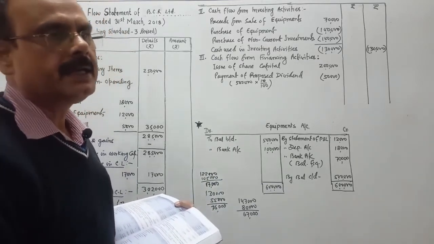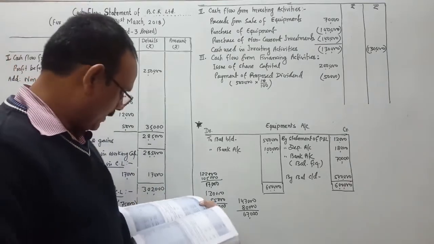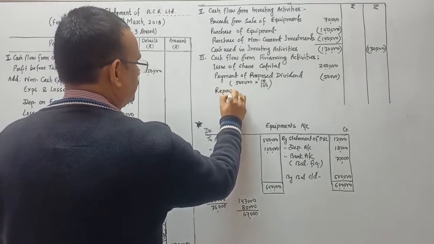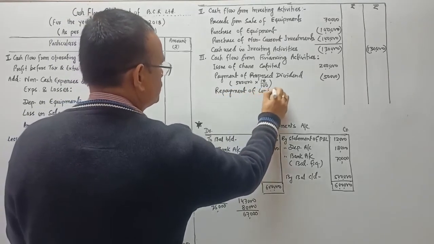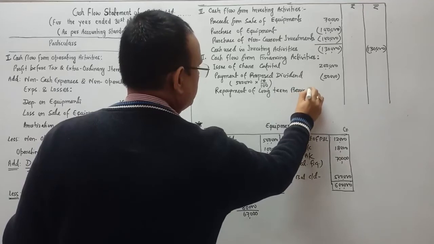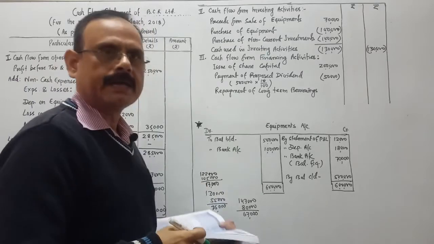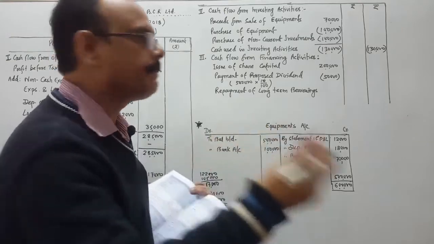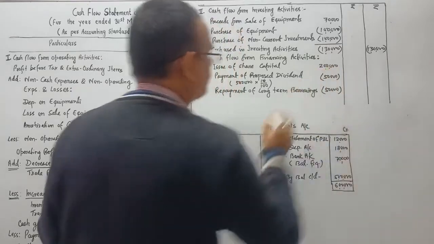It indicates that we have done repayment of long-term borrowings. Last year it was 1 lakh and this year it is 50,000, so it is reduced by 50,000 because of repayment. When we repay long-term borrowings, it is an outflow of cash.